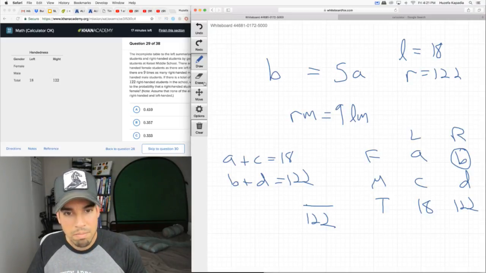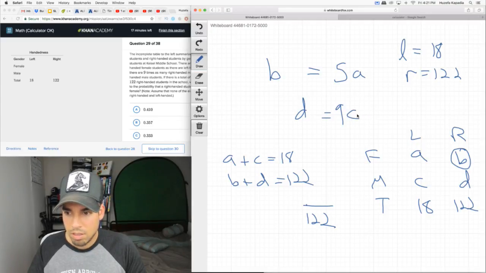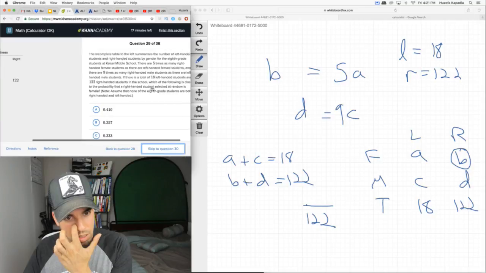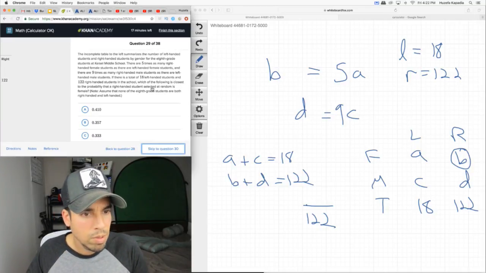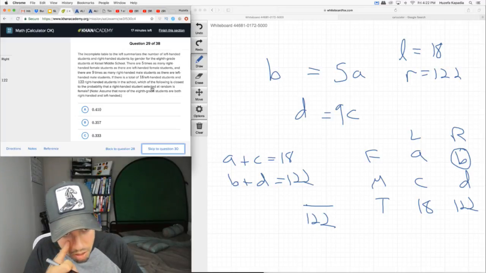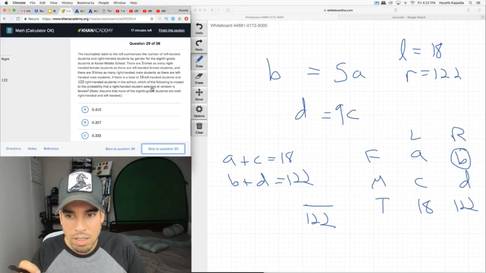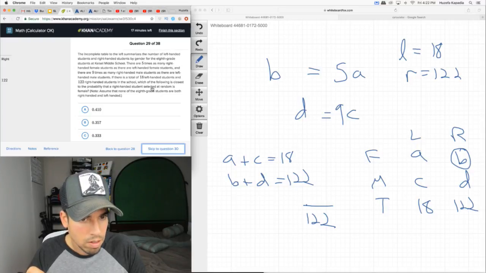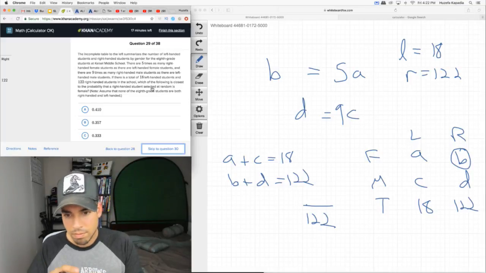And then right-handed males is D. Left-handed males is C. Okay. So now let's see. Is there anything else? There are 5 times as many right-handed females as there are left-handed females, and 9 times as many right-handed males as there are left-handed males. Yeah. Okay.